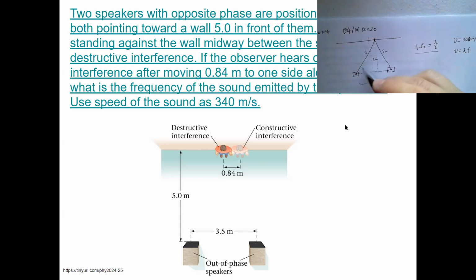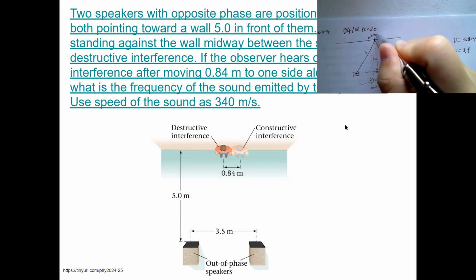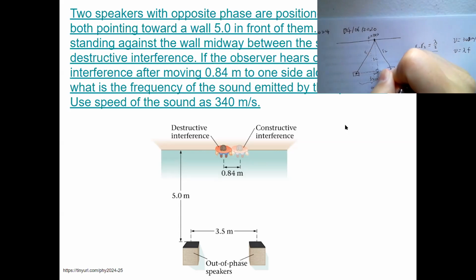R1, if you look at the geometry here, is the hypotenuse of this right angle triangle. He moves by 0.84 meters, so this is 0.84, and this is exactly half of the 3.5. So R1 equals the square root of A squared plus B squared, where A is half of 3.5 plus 0.84, and B squared is 5 squared.